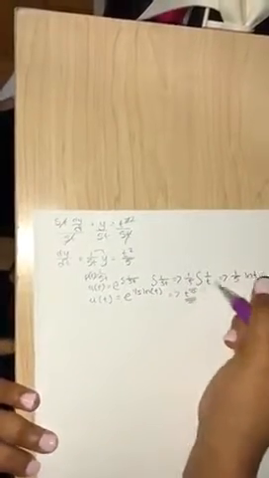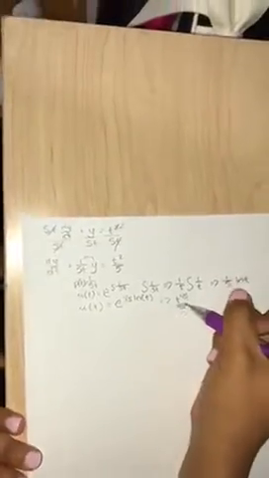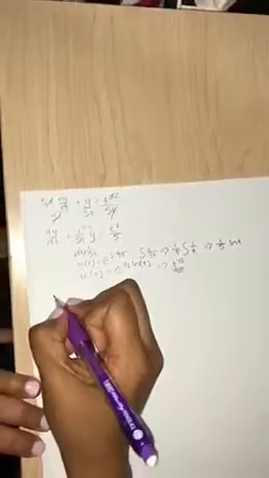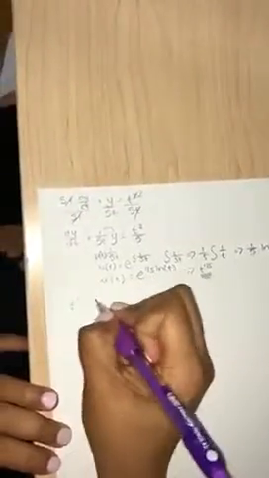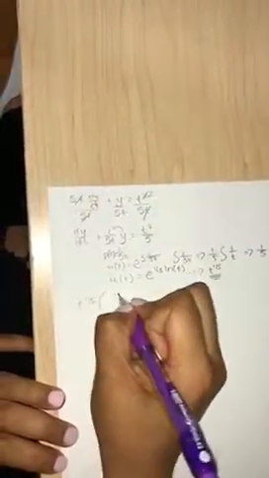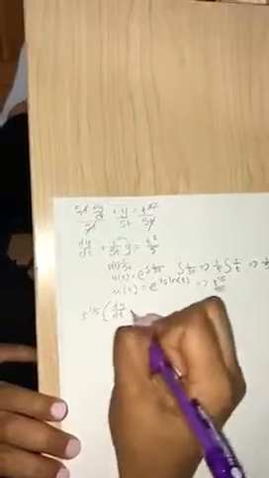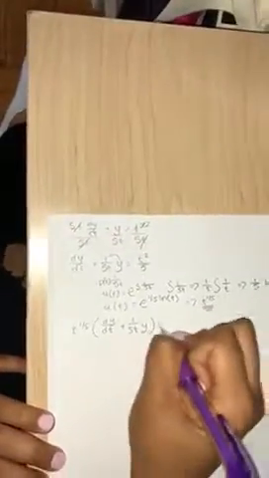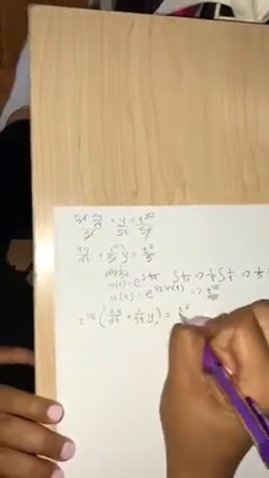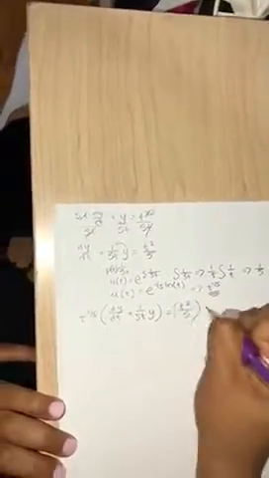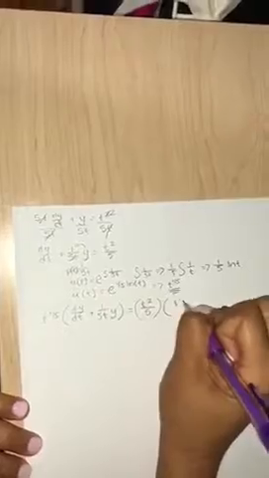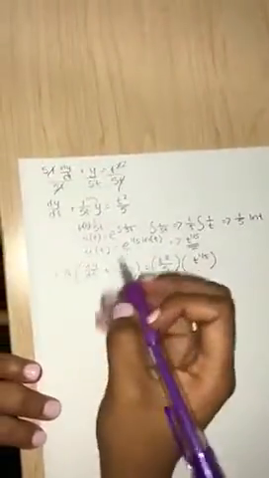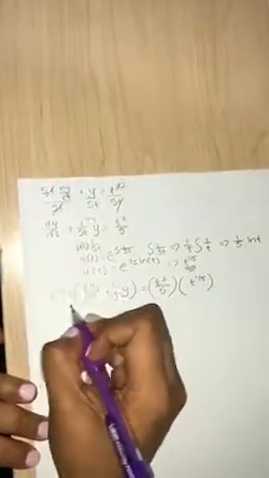Now we must multiply our mu of t throughout the differential equation. So t to the 1 over 5 multiplied by dy over dt plus 1 over 5t y equals t squared over 5 multiplied by t to the 1 over 5. Okay, so now that we have that, we can distribute.